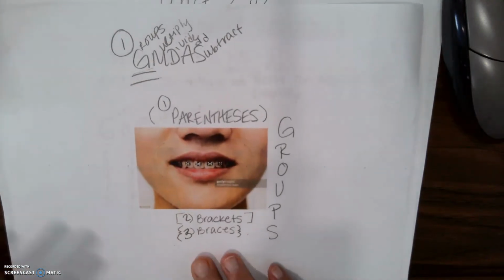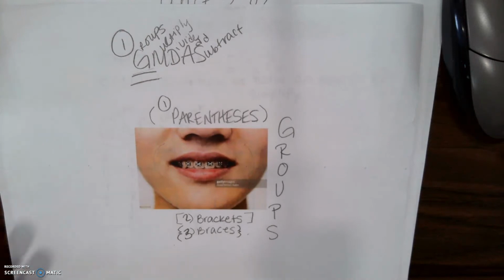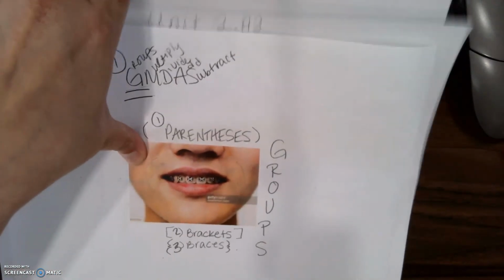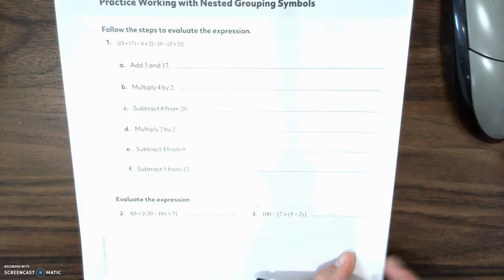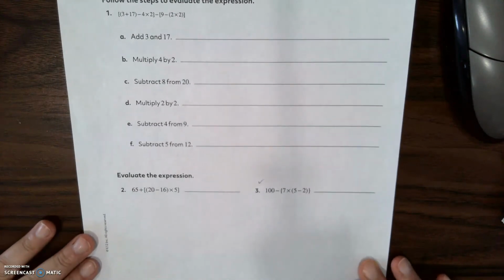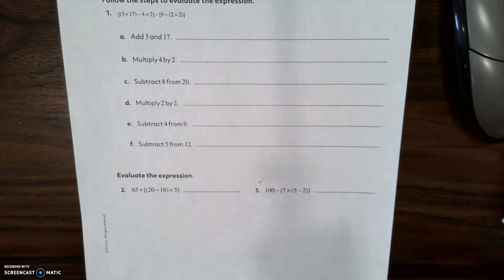So let's practice this a little bit. We're going to do these kinds of things. This is something that you and your learning coach have at home. And I want to work through a couple of these so that you and your learning coach can do the rest of them together.